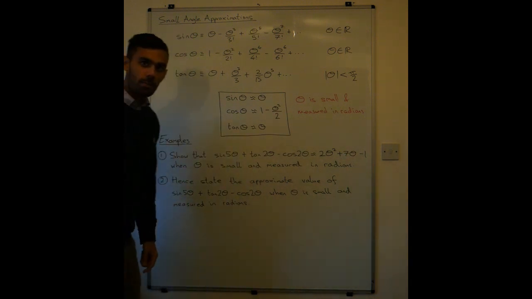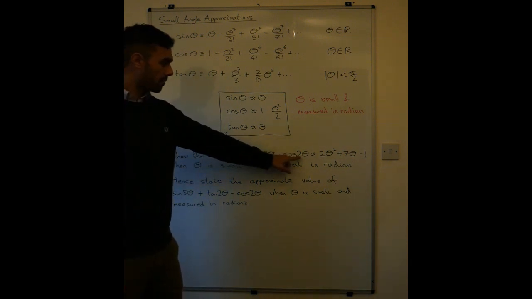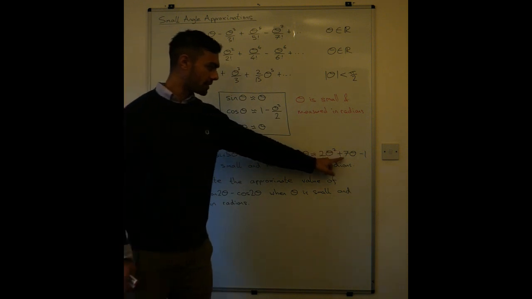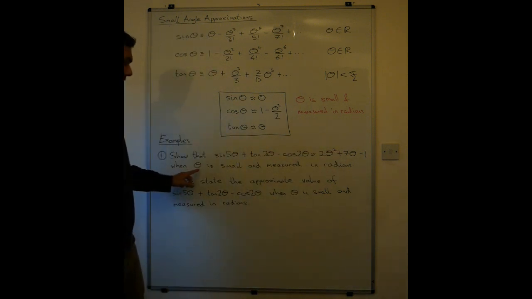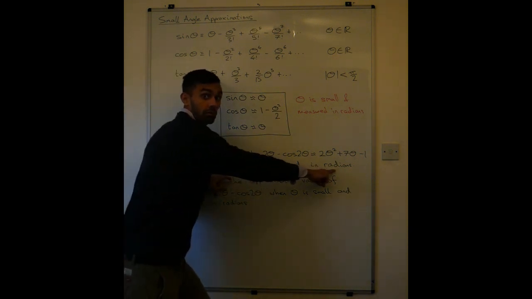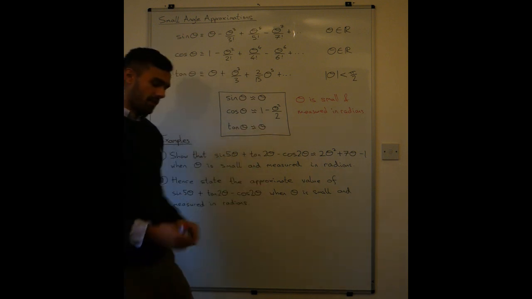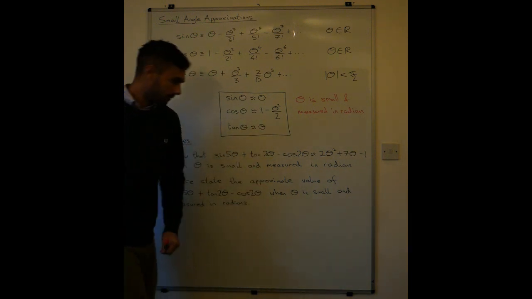All right, okay, let's apply it to a question. Have a look here, example 1. Show that this expression here can be approximated by this when theta is small and measured in radians. That's crucial, because if theta isn't small or isn't in radians, these don't apply. Okay, but it is here, so let's go.